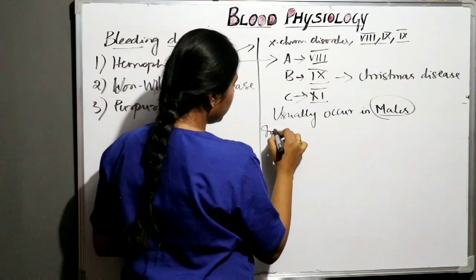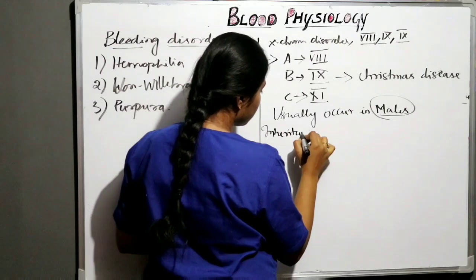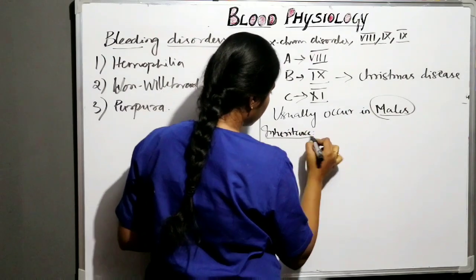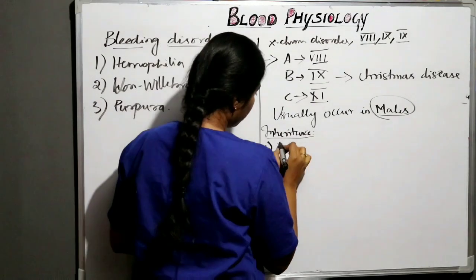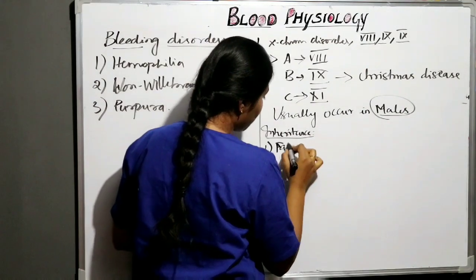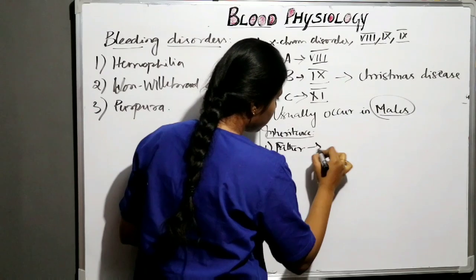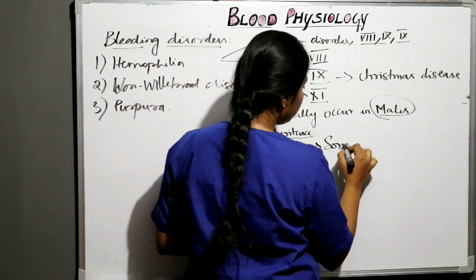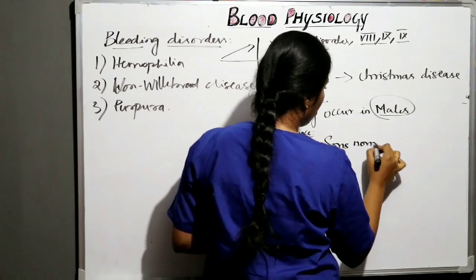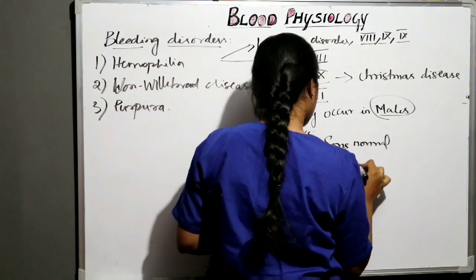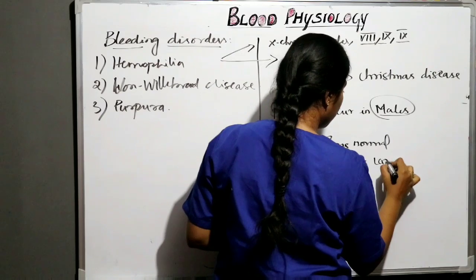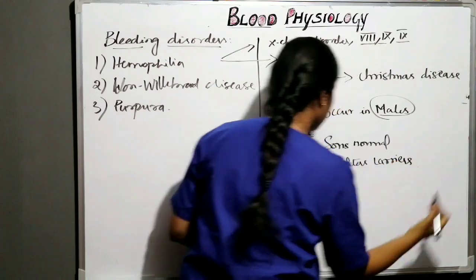Then we will discuss about the inheritance. First one, if father is affected, then son will be normal and daughters will be carriers.